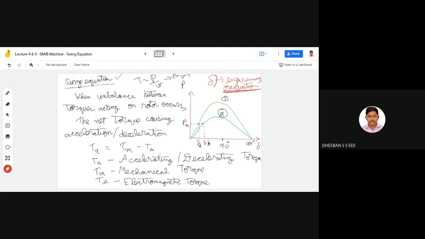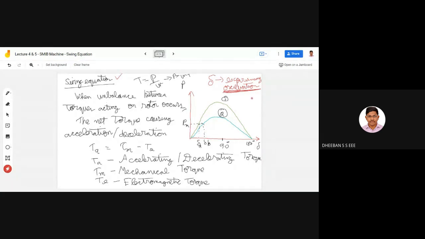So the mathematical representation of the disturbance is particularly concerned with this swing equation. I hope you are able to get it. That is the main reason for which we are going towards the swing equation. A disturbance has occurred, and you have to know the magnitude of the disturbance, and the magnitude of the disturbance with respect to rotor angle is given through your swing equation. So that is why you are gaining knowledge about this swing equation.